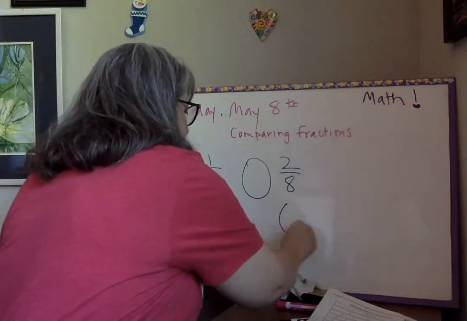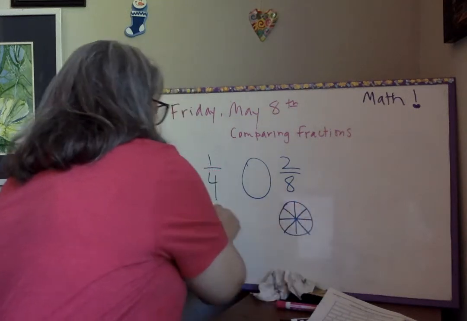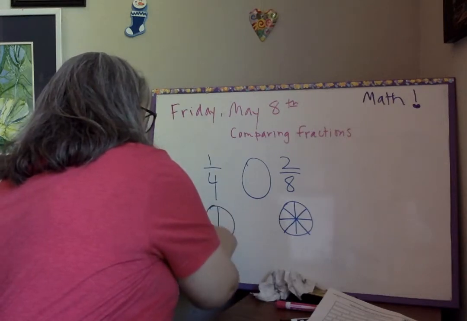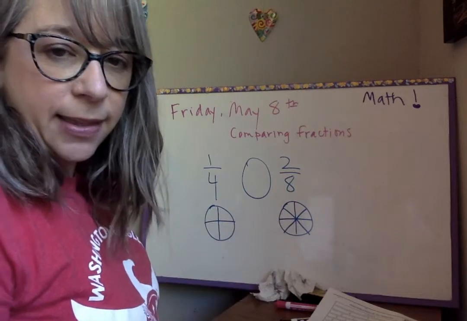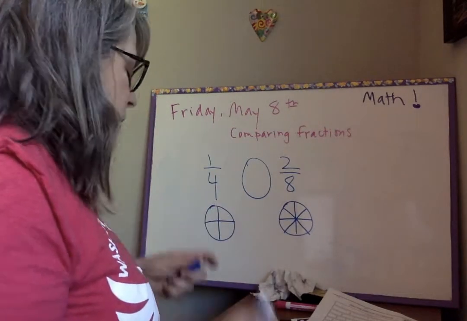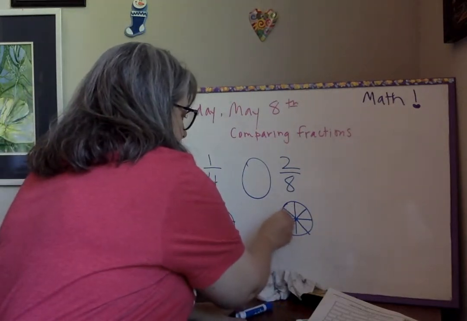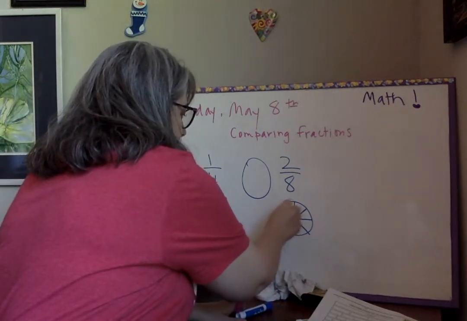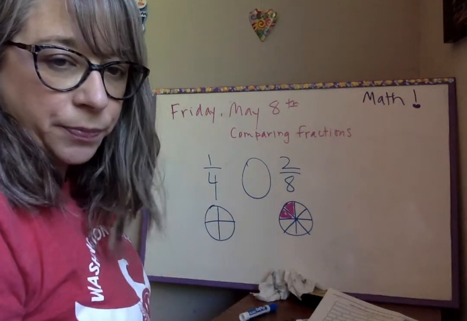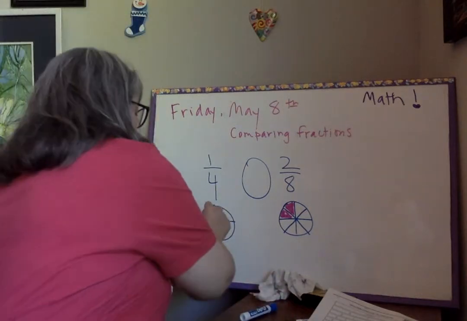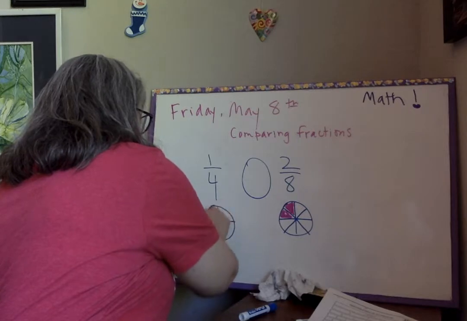So if we have a 1/8 and then a 1/4, I know that there are more parts to this 1/8 than in the 4th, right? So let's just shade in 2 parts of an 1/8, which isn't a whole lot. Well, let's shade in a 4th. 1/4, 1 part of 4.